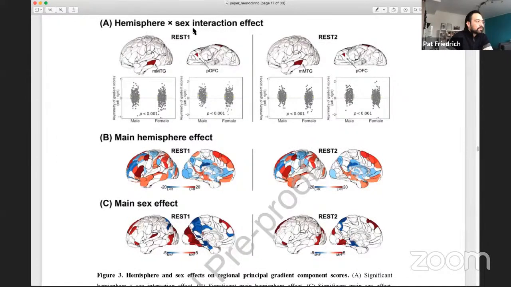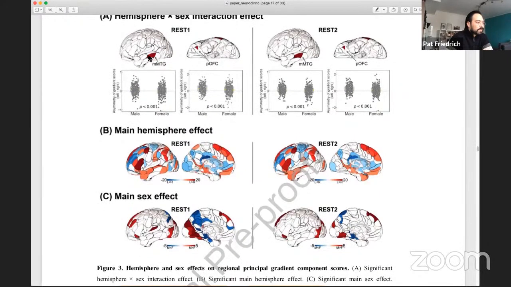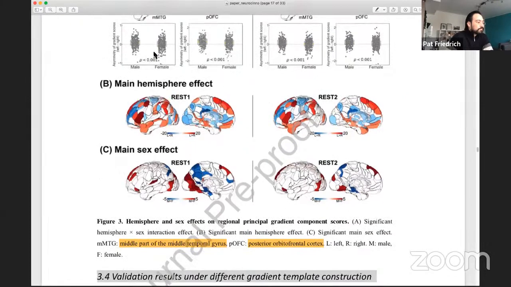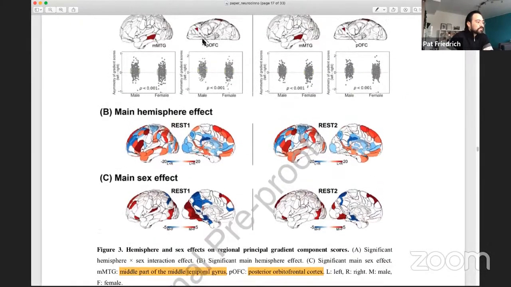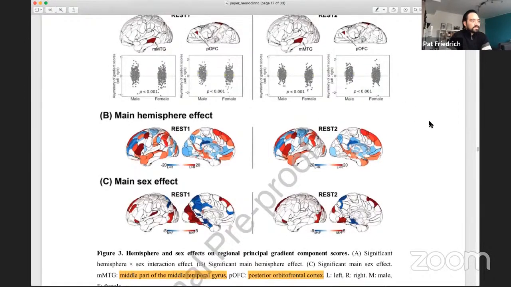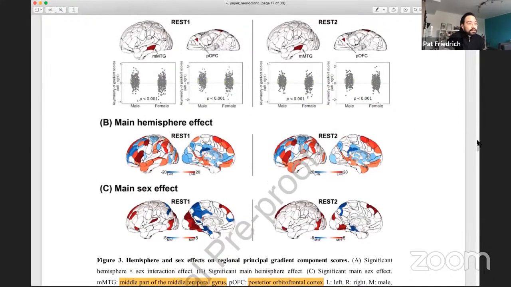You see a hemisphere by sex interaction here in the middle part of the middle temporal gyrus, as well as the posterior orbitofrontal cortex.